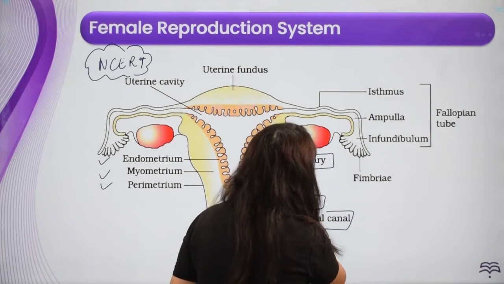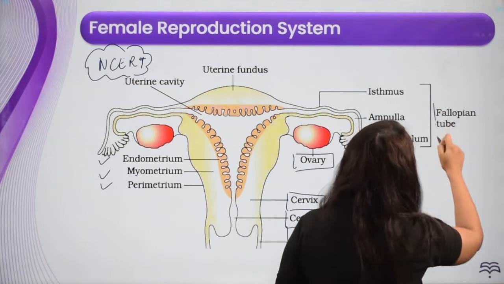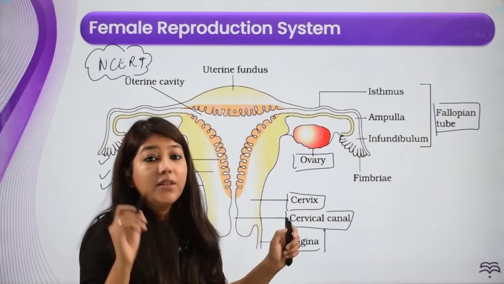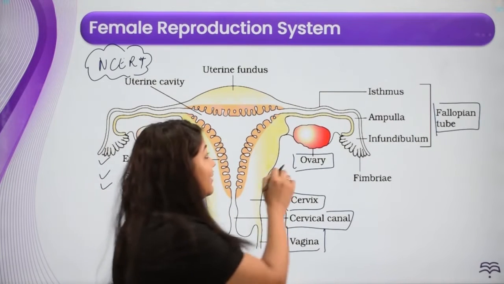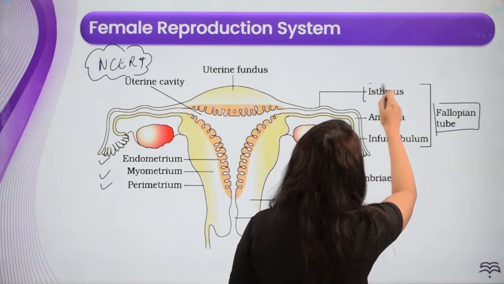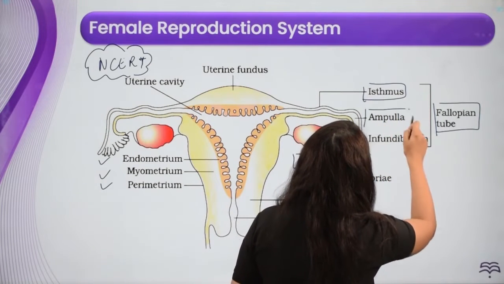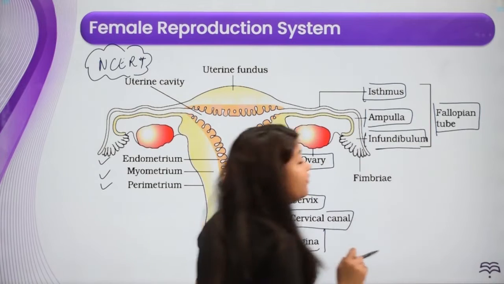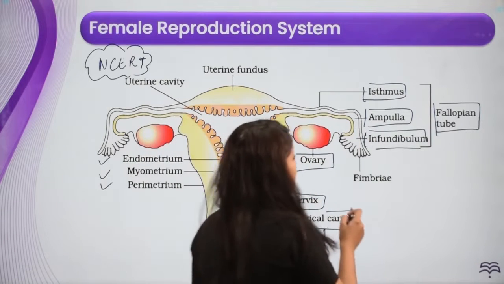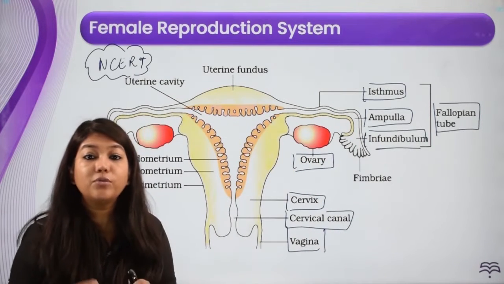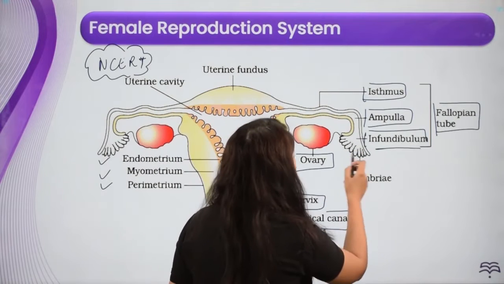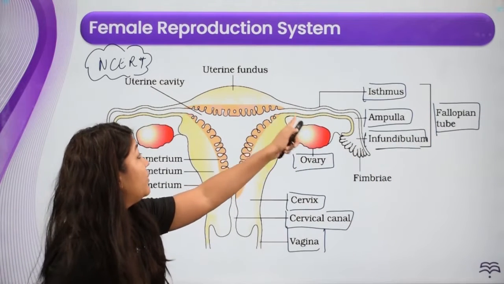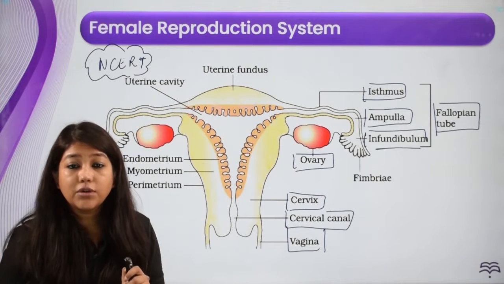Ovary, the primary sex organ, and then of course the fallopian tube. If you look very carefully, the parts of the fallopian tube have been labeled for you. This part is the isthmus. This is the ampulla, and the one which is closest to the ovary is called the infundibulum. A question is asked on this: which part of the fallopian tube is closest to the ovary? Infundibulum. The isthmus is the one which is opening into the uterus.